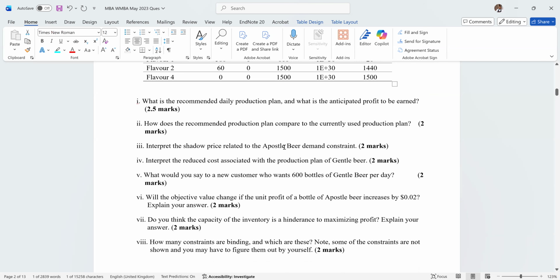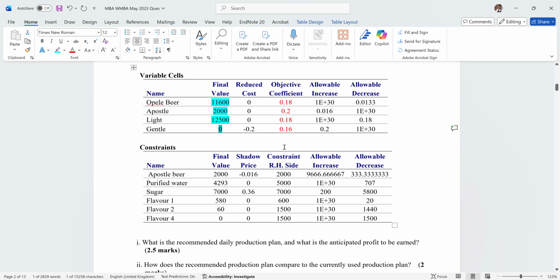Sir, I wanted to ask about the variable cells, on the part of the gentle beer. When I formulated it, I don't know if the question is different from what we formulated, because I got the reduced cost to be negative 0.16, and then the objective coefficient 0.2, and then allowable increase 0.16. I just wanted to be sure. What's your formulation for that?